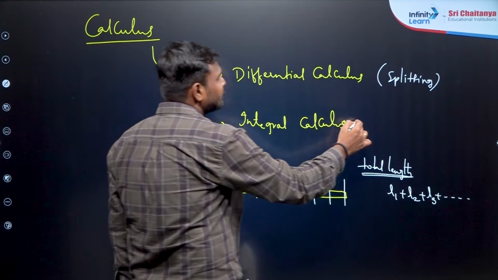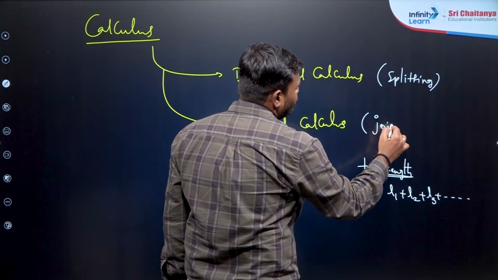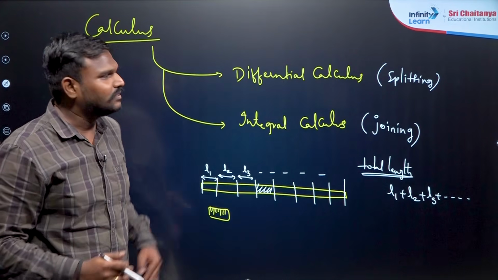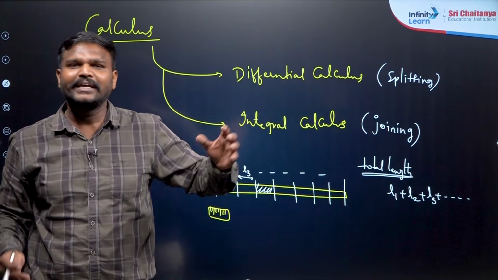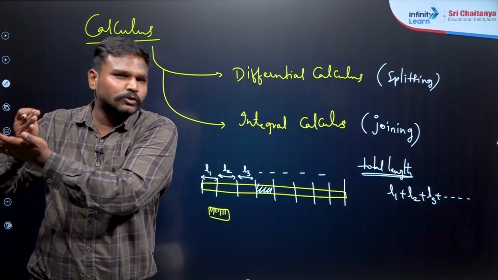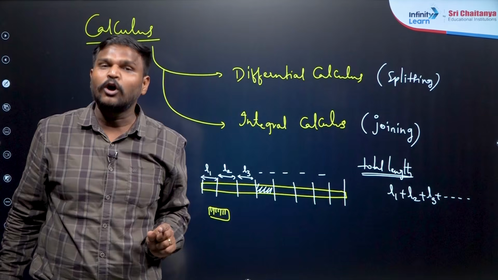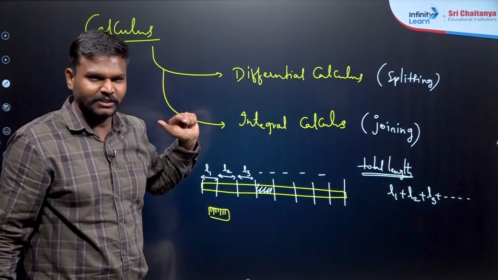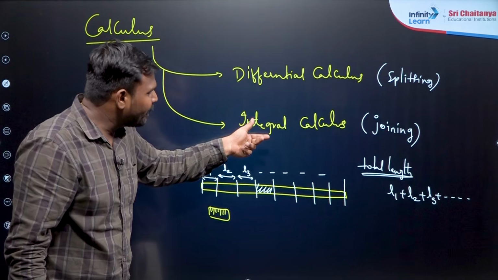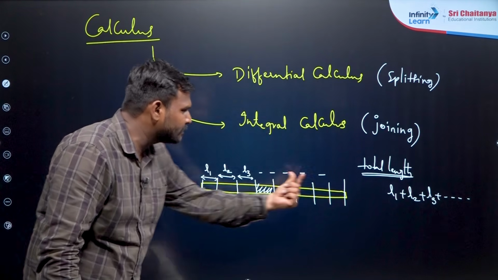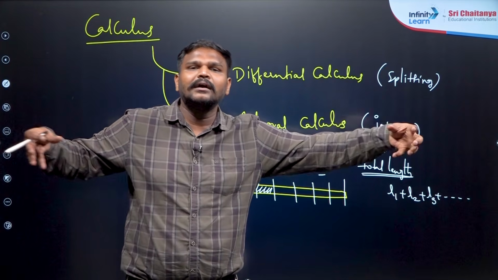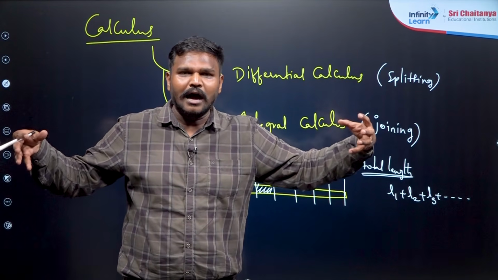So in integration we will join. Differentiation very much resembles splitting a function. Your input will be a function and you will break it into the smallest pieces; that is your output in differentiation. But integration is the reverse of differentiation. Your input will be the smallest pieces and you will join all the small pieces and get the value of the total unknown thing.